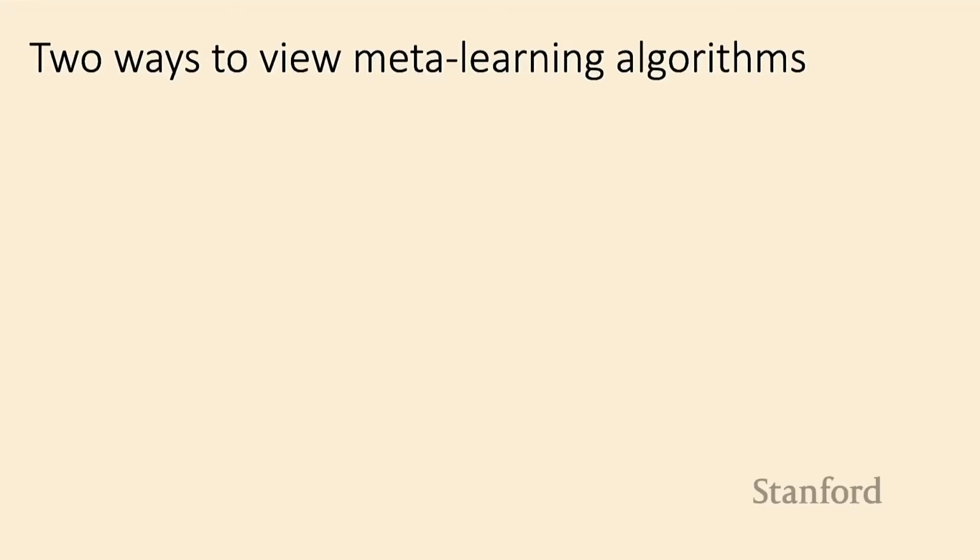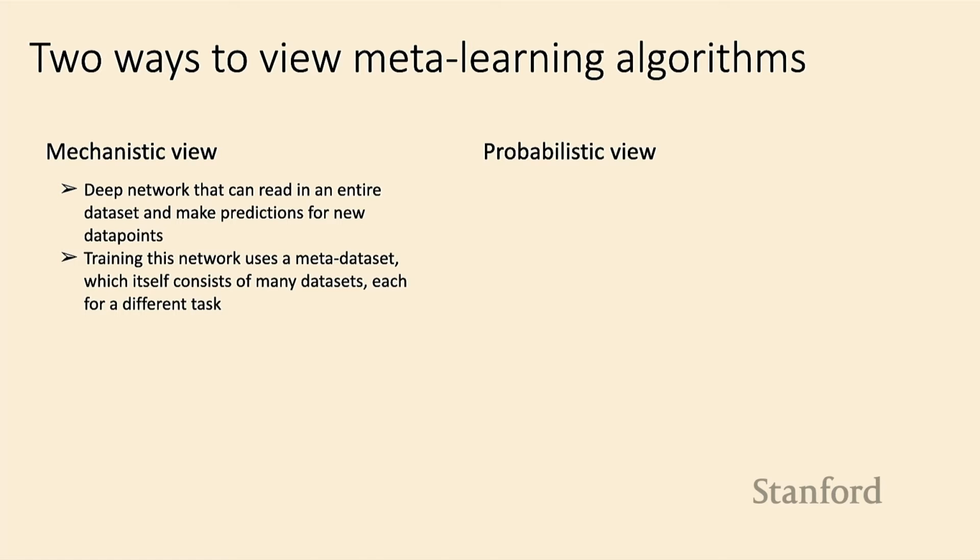Cool, so one of the things that we talked about on Monday is that there's a couple different ways that you can view meta-learning algorithms, one from a mechanistic standpoint and one from a more probabilistic standpoint. From the mechanistic standpoint, you can think of meta-learning as basically trying to train a neural network to read in training data as input and give you predictions for new data points. And so you can think of it as implementing a learning procedure.